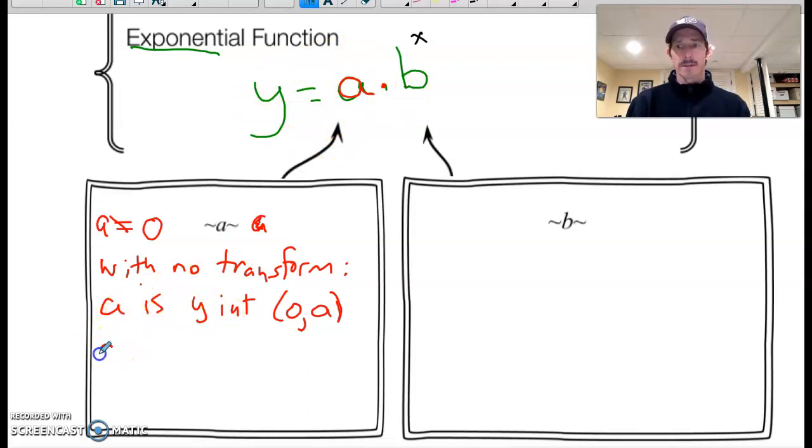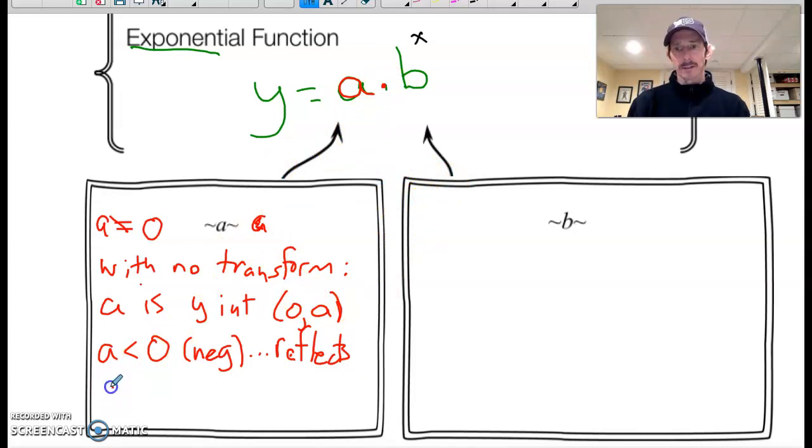If A is negative, it's going to do the same thing all of our original power functions did in the beginning of the year. If A is less than 0, if A is negative, it's going to be a reflection. So it's going to do the exact same thing we've talked about before, and it reflects it over the x-axis.